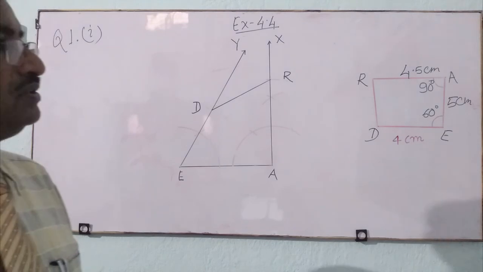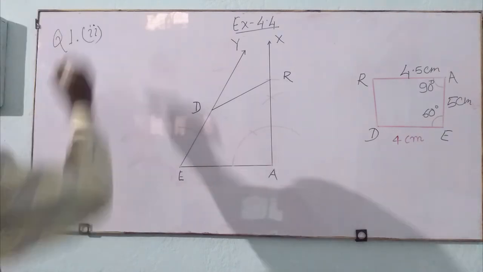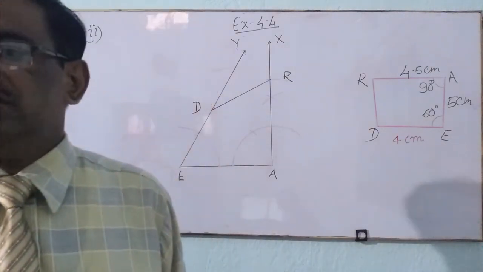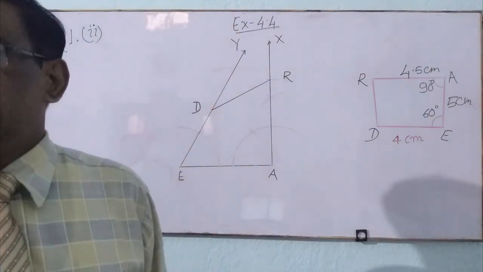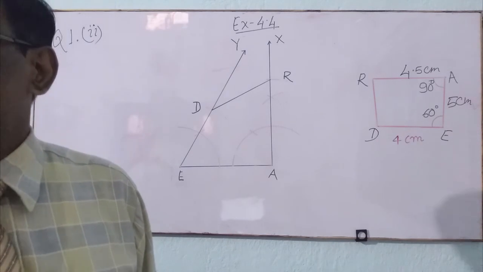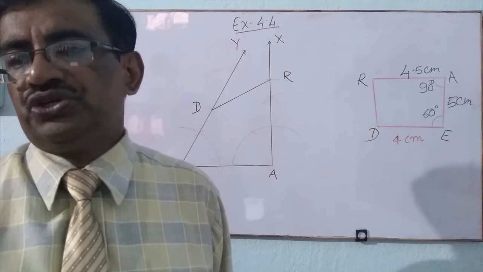I think it is very clear. Then can we start the second one? Now after this you are aware how to construct. For this you have to construct TRUE.